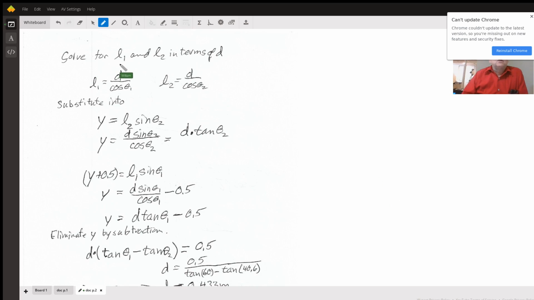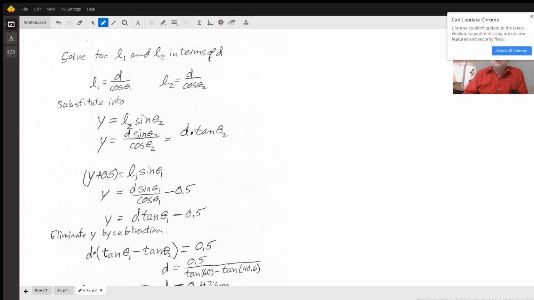First, we solve for L1 and L2 in terms of D. L1 is equal to D over cosine of theta 1, and L2 is equal to D divided by cosine of theta 2.